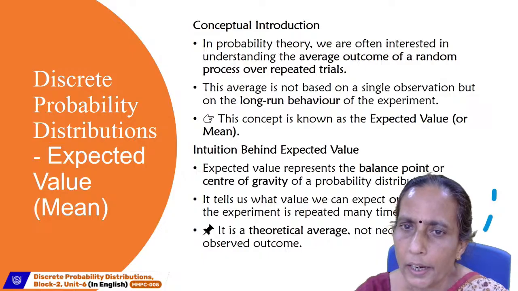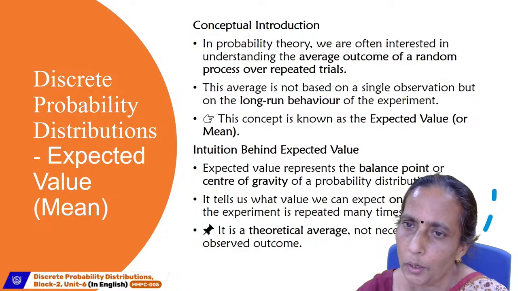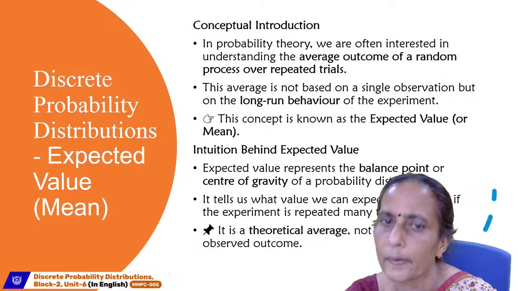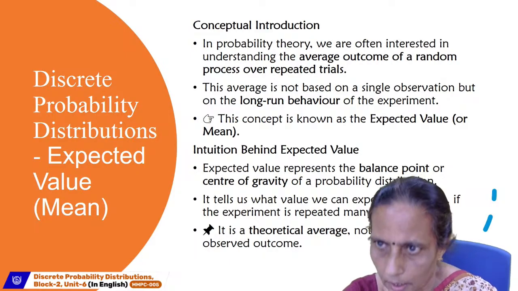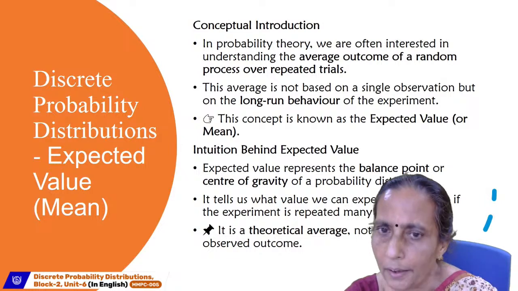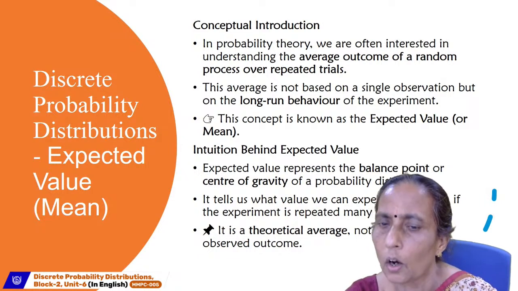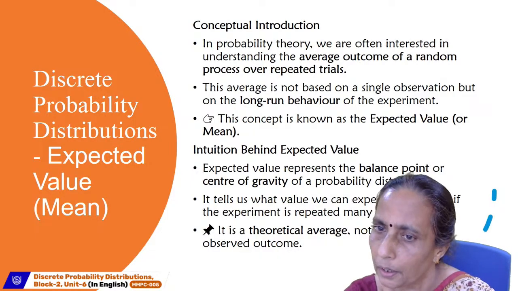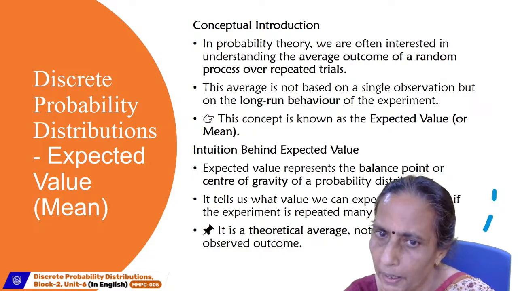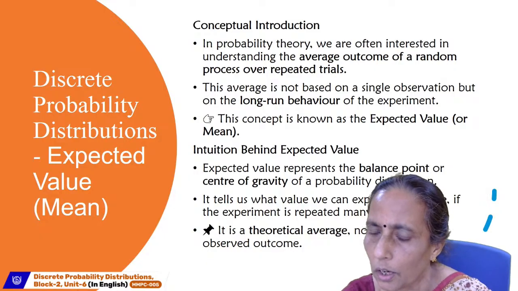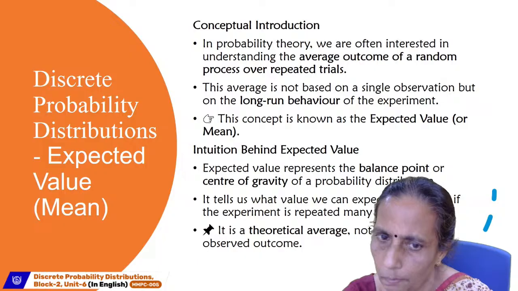So what will be the average outcome of those repeated trials? That is our interest. This average is not based on a single observation, but on the long-run behavior of the experiment. This concept is known as the expected value or mean.